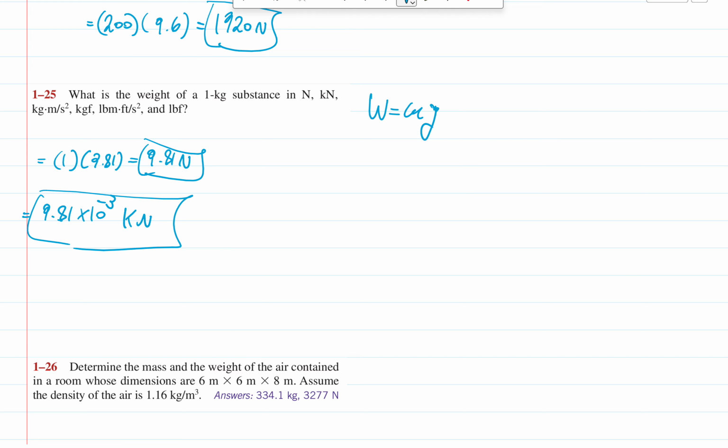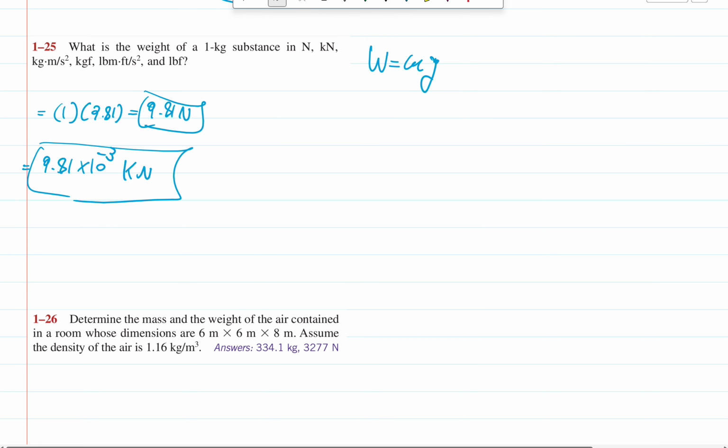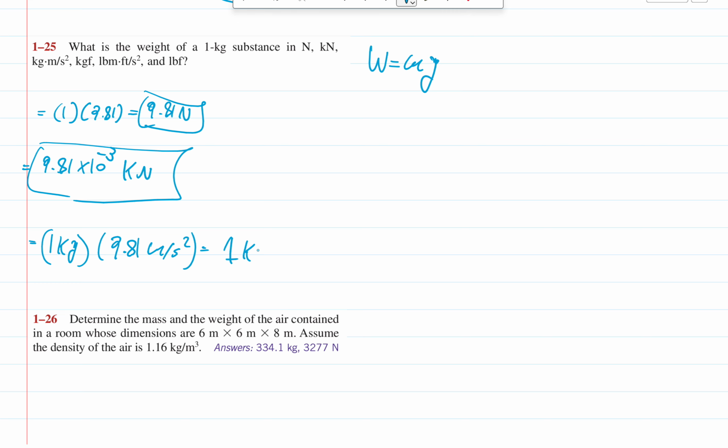If I want to find it in kilogram meter per second square, let's try to find that out. 1 kilogram, 9.81 meter per second square. The value is going to be 1 kilogram meter per second square.